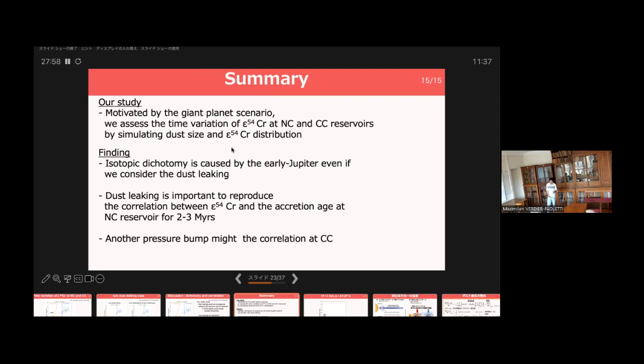And also, dust leaking is important to reproduce a correlation between epsilon values and accretion age at the MC reservoir over several million years. But we cannot reproduce the correlation at the CC reservoir. So one possible mechanism is the formation of another pressure bump at the region exterior to Jupiter.